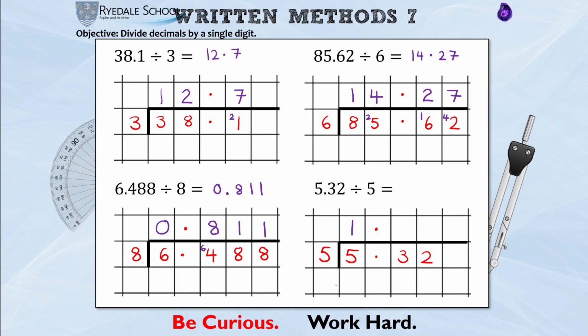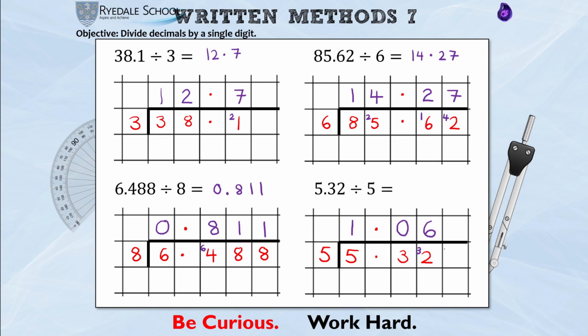Well, that is 1 with nothing left over. How many 5s are in 3? Well, that's none. So I need to carry the 3 that I've not used. How many 5s are in 32? Well, that is 6. But there's 2 left over.